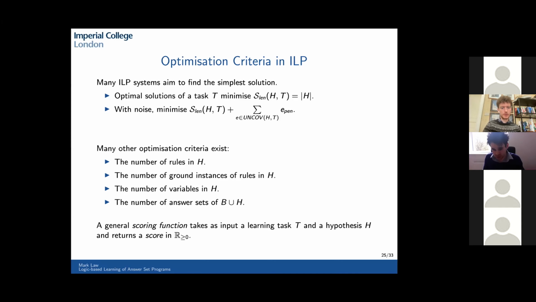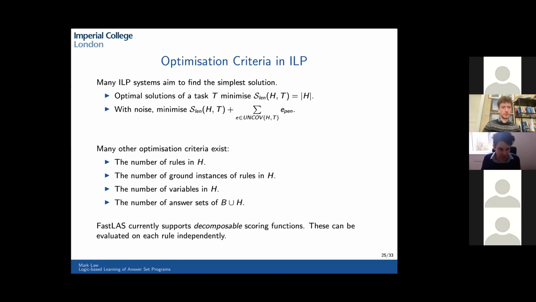And for a general scoring function, we just say that it has to take a learning task and a hypothesis and return a real number. FastLAS, the system that I'm going to present now, can't quite achieve this level of scoring function. It instead has a restriction on this that we call a decomposable scoring function. We say that a scoring function is decomposable if you can evaluate the score of each rule independently, add them all up, and this gives you the score of the overall hypothesis.